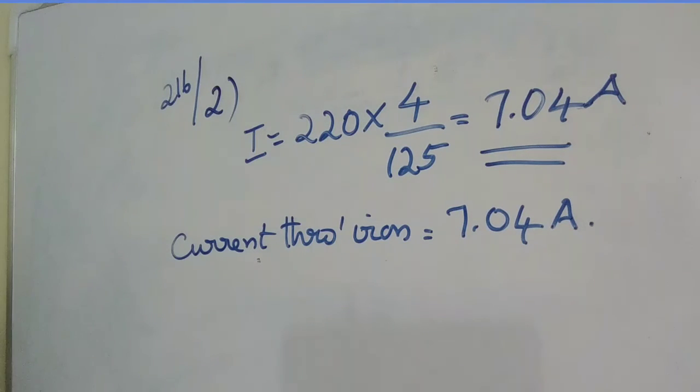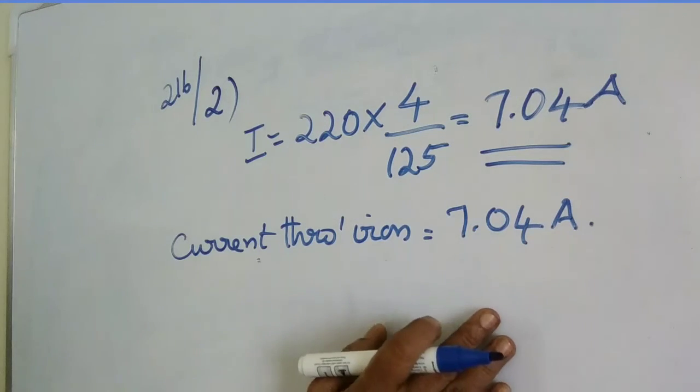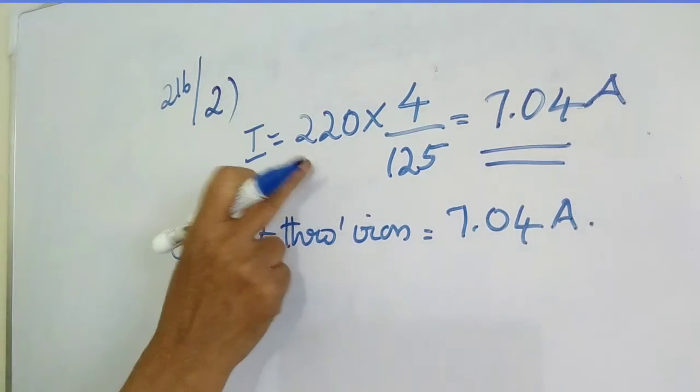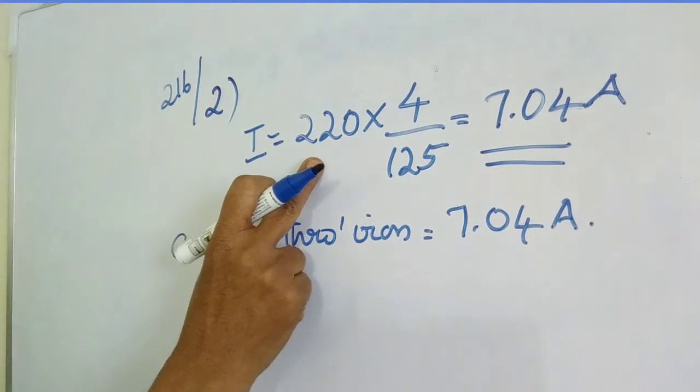And since the current is that much, what is the resistance of the iron? That is the question. It is simple, logically we can prove that. The same as the resistance of three appliances together. The same current is flowing means resistance will be the same. The voltage is same because it is connected to the same source.